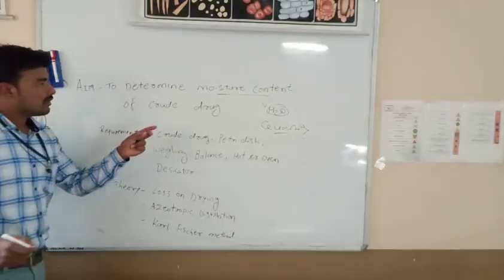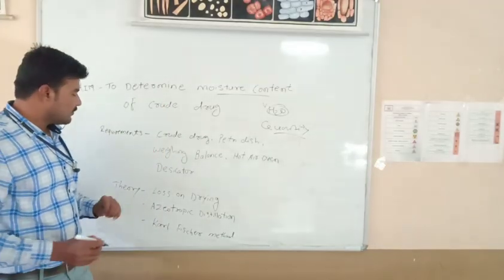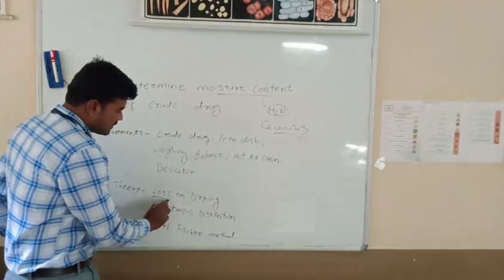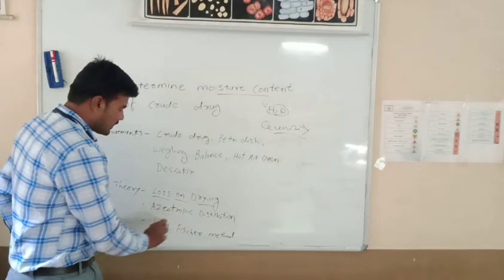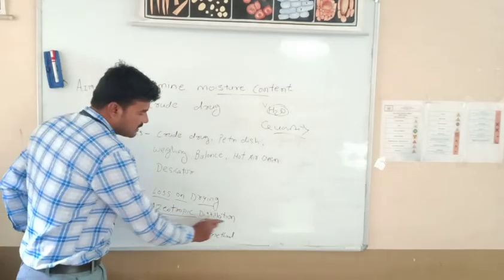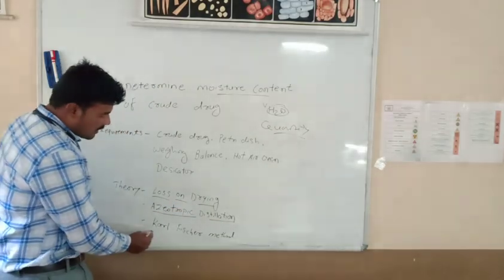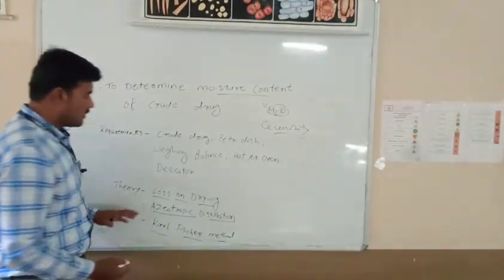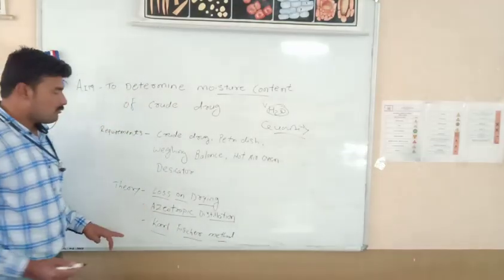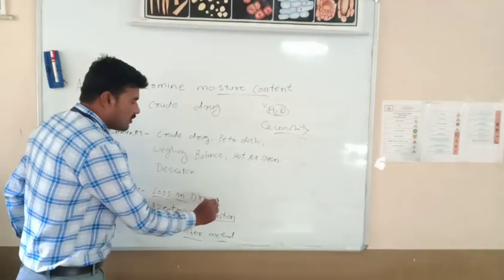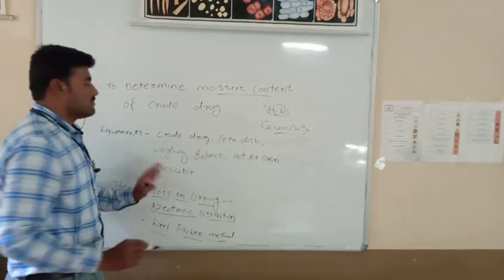For determination of moisture content there are three methods. First is loss on drying, second is azeotropic distillation, and third is the Karl Fischer method. Out of these three methods we will use the loss on drying method, which is the simplest one.